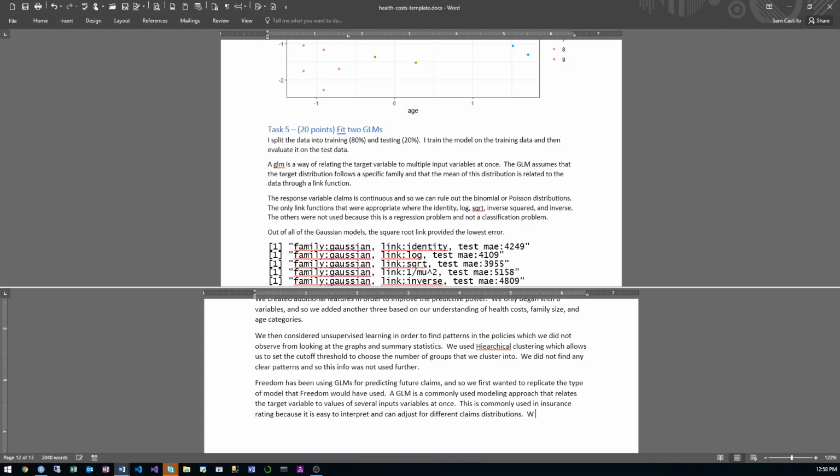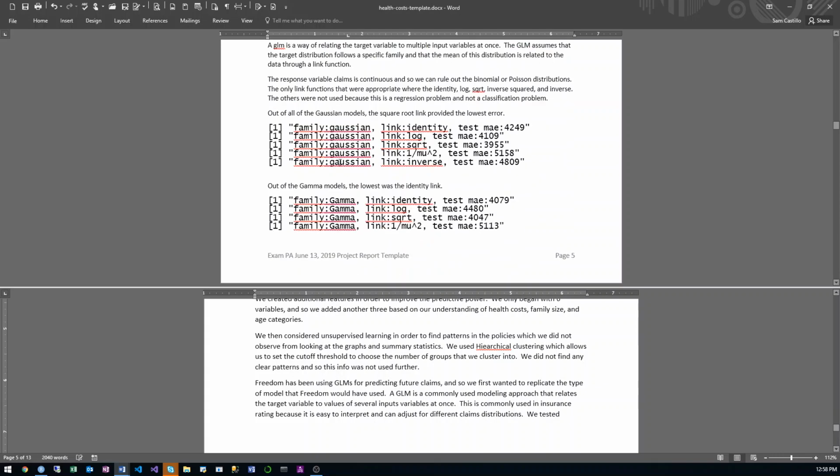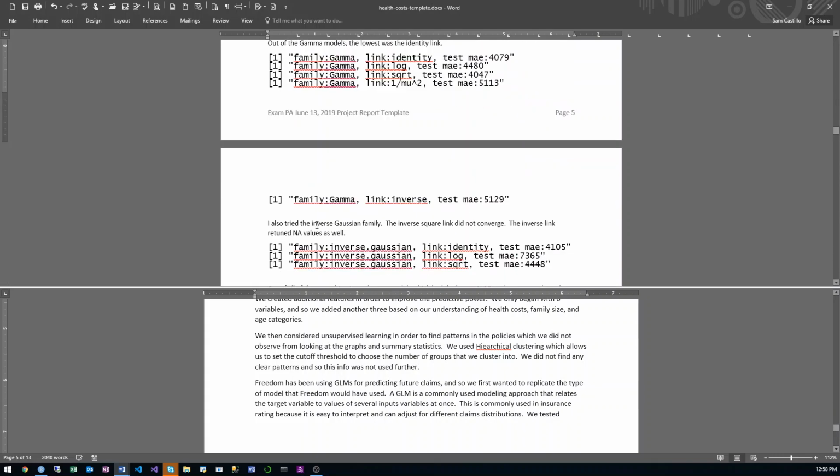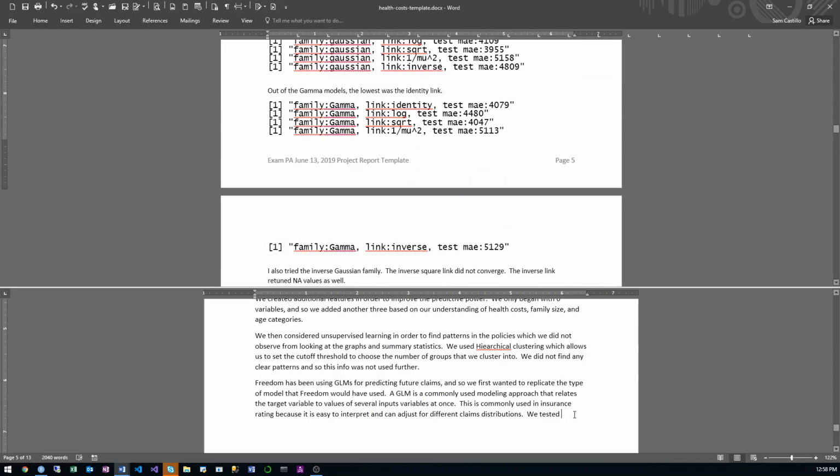We tested many different combinations. We tested 12 different GLMs and evaluated and chose the best one based on a blind test on holdout data.